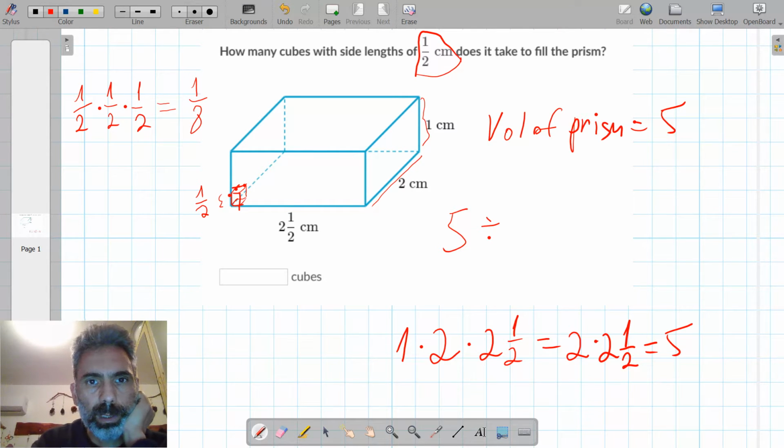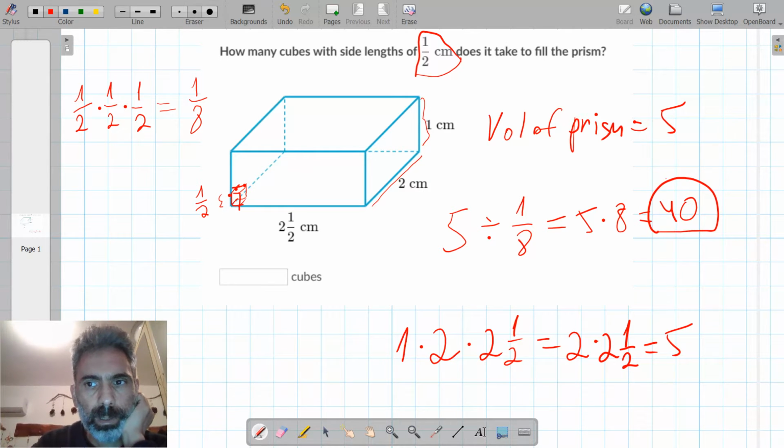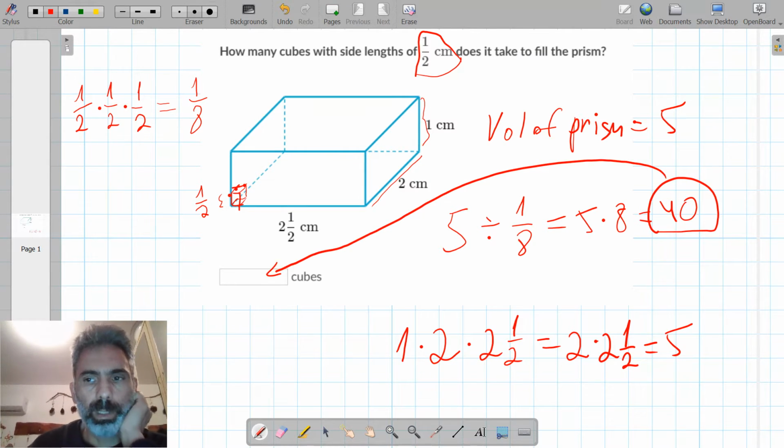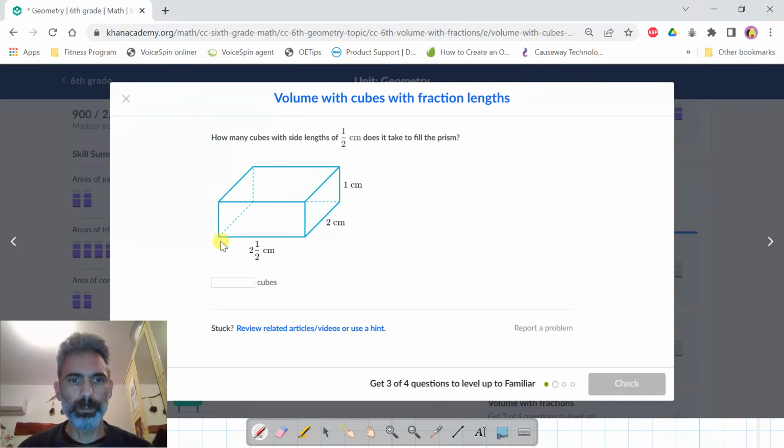So we need to divide the total volume of the prism, which is 5, by 1/8. So we multiply by the reciprocal, which means we multiply 5 by 8, which gives us 40. So it takes 40 little cubes with side length of 1/2 centimeter to fill the entire prism.